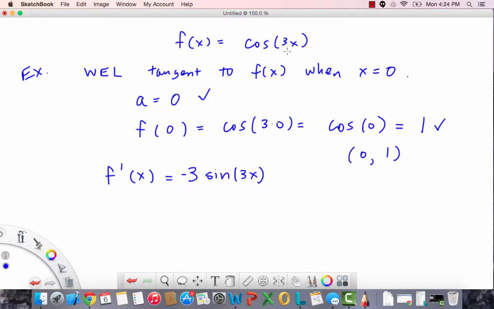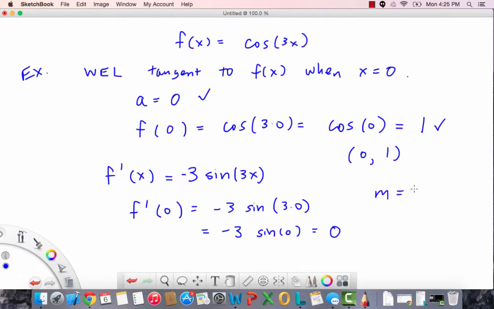Then we have the argument is 3x, so we need to take the derivative of the argument using the chain rule, and that brings the 3 into the equation, and we can put it out front. And now we need the derivative evaluated at a, so f prime of 0 is negative 3 times sine of 3 times 0, which is negative 3 times sine of 0, which is 0. Okay, so that means the slope is 0.